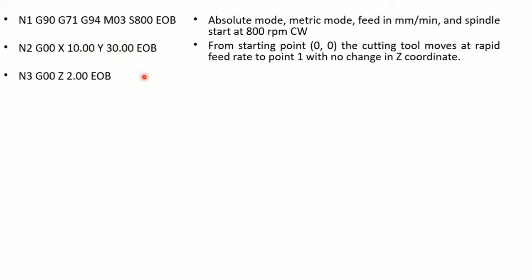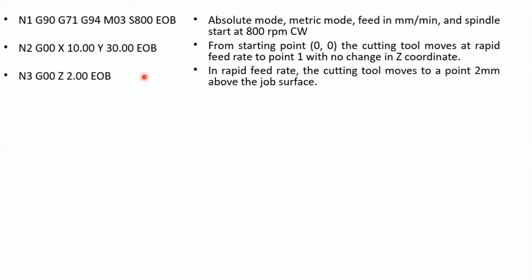Then what happened? N3 G00 Z2. It means that at rapid feed rate, the cutting tool moves to the point 2 mm above the job surface. At the job surface, Z is 0. Then it goes 2 mm above at rapid traverse, G00. Now here N4 G01 means linear interpolation, Z minus 5, F200, end of block.